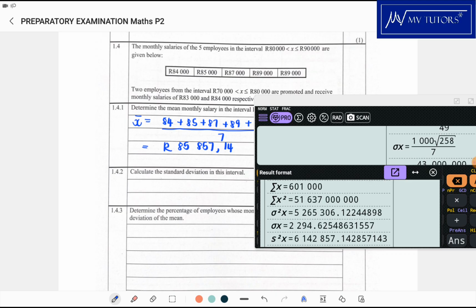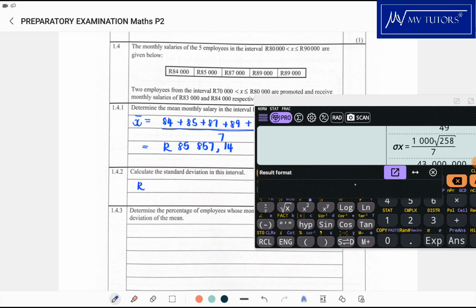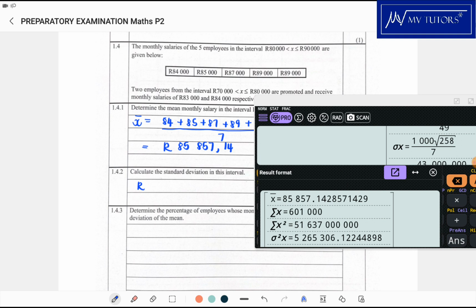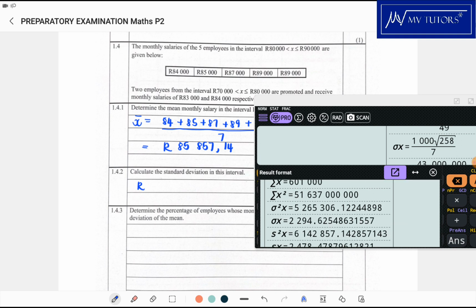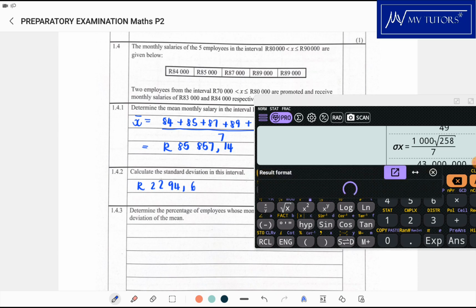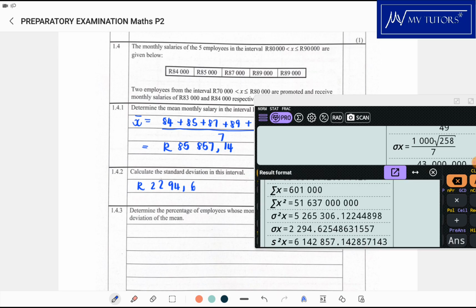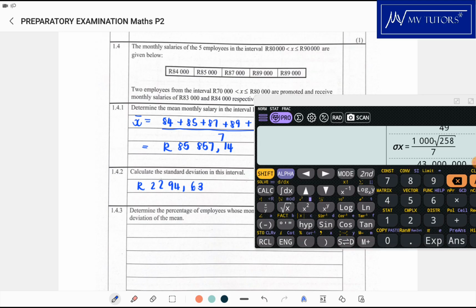You see, it's 2,294.62. No, the 5 there makes it 2,294.63.